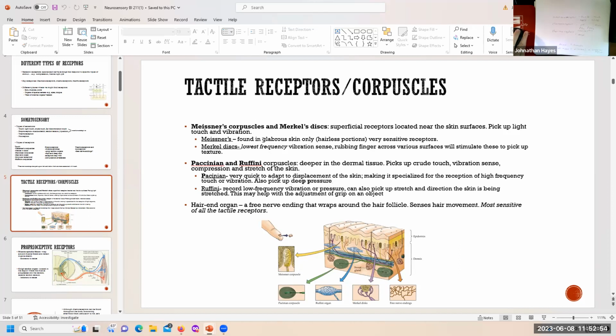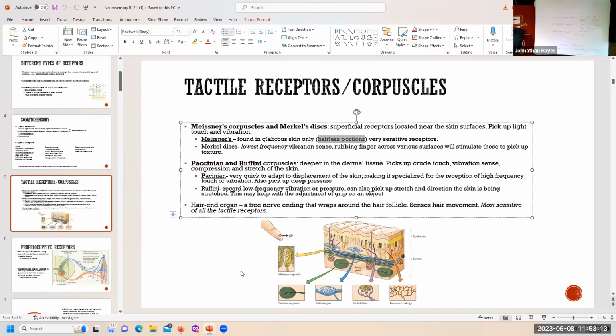And then the other word they might throw at you on a standardized test is when you find Meissner's corpuscles in the skin, yes, they are more superficial because they're more sensitive, but they're typically found in highest densities in what's called glabrous portions of the skin. So that's a word they like to throw at you just to see, do you know what that means?